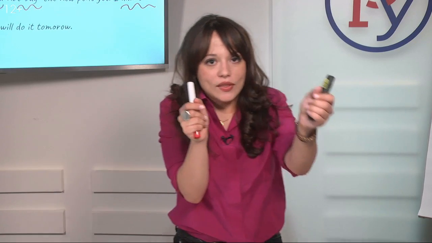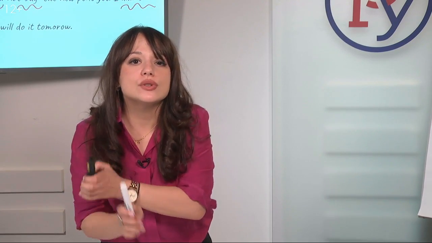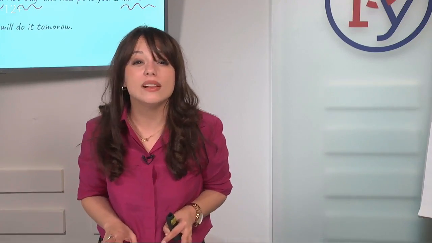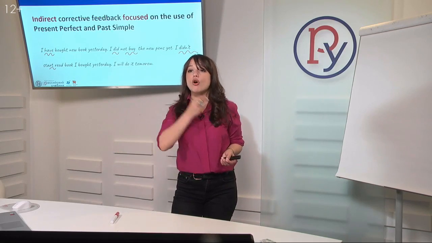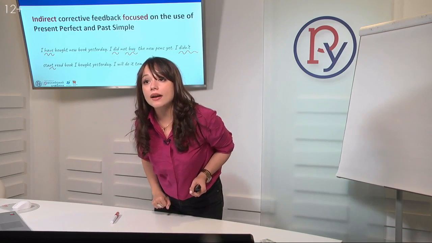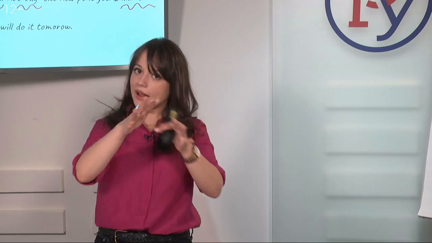You can go with focused and unfocused feedback at the same time, but you choose direct feedback to correct something that they have just studied, let's say irregular verbs. They don't know how to use them very well yet. They haven't brought it to perfection yet. And you can go with indirect feedback at the same time to correct all other types of mistakes. So I can actually mix all of them at once.